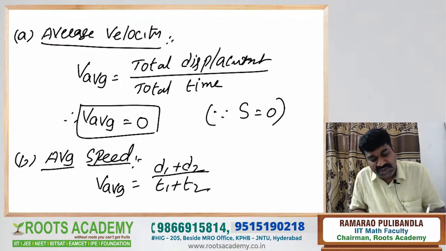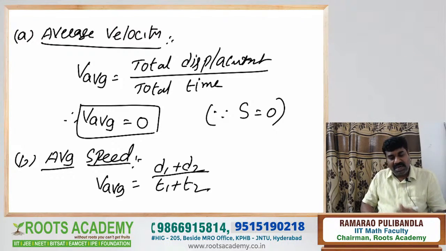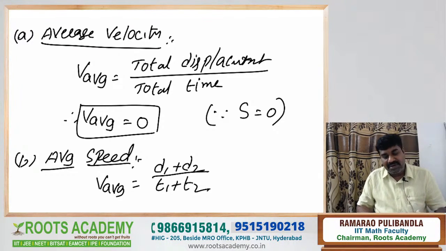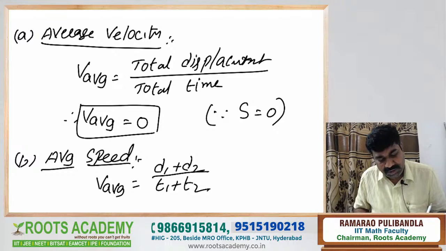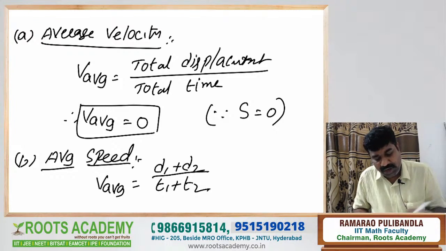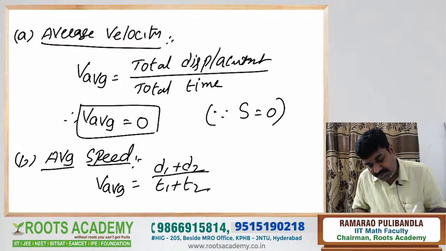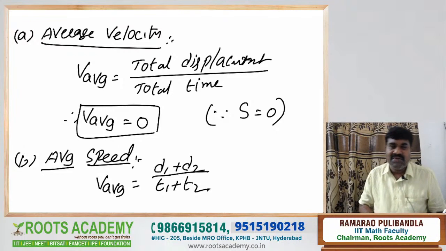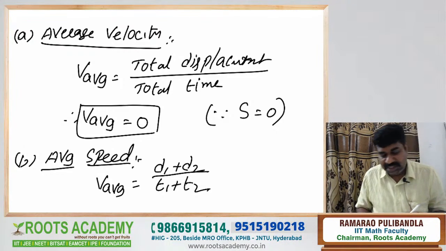So T1 is D1 by V1, which is 2.5 by 5, where V1 is 5 kmph. So T1 is 0.5 hour, or 30 minutes. Now we go for T2.